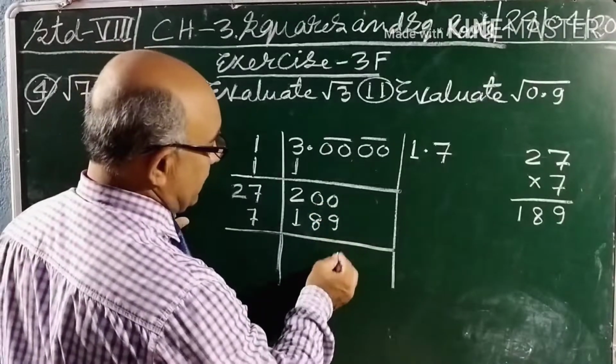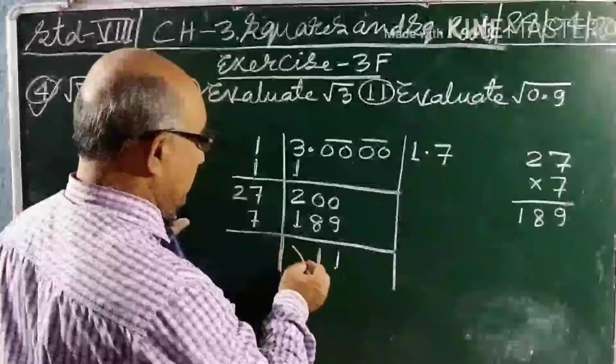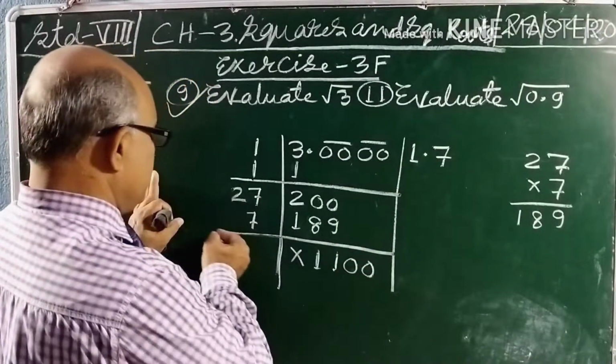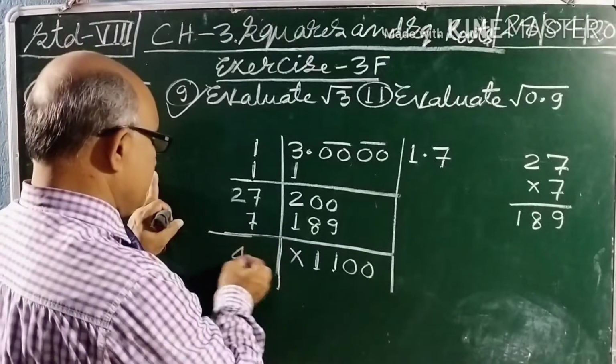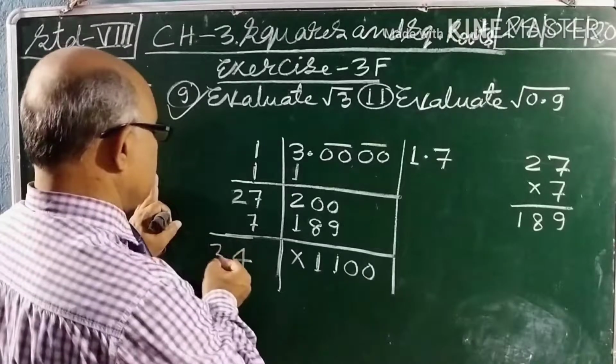Subtract it. 10 minus 9, 1. 9 minus 8, 1. And it is cancelled. Now comes the pair of zeros. Add it. 7, 7, 14. 4, 1, 2 plus 1, 3.